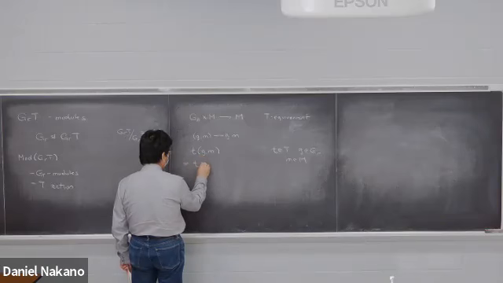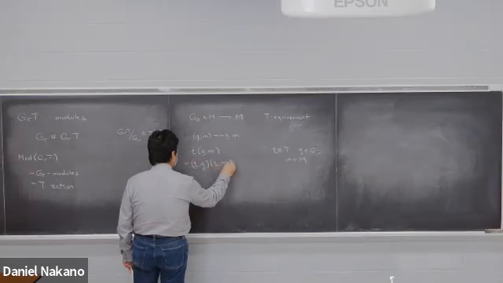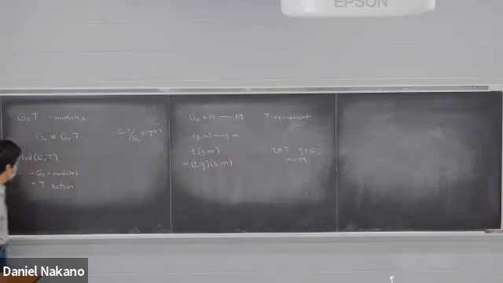So this is T on G, T on G. And the T here is going to act by conjugation on G, so T normalizes G.